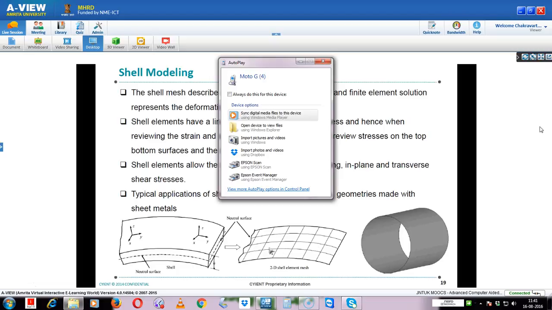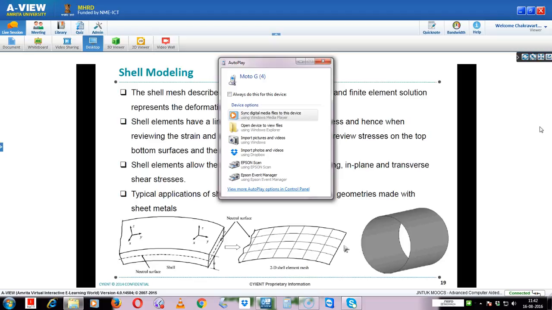When you solve the analysis using shell elements, the results will vary from top to bottom. If I take the mid surface and do the meshing, then my geometry looks like this.